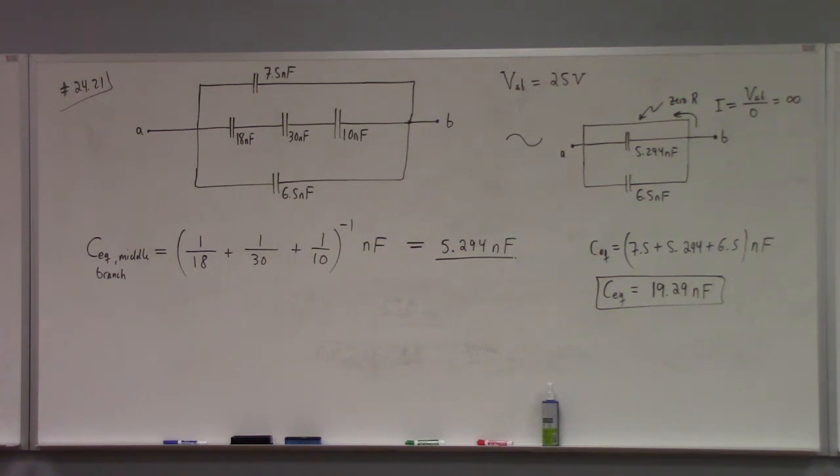And we're supposed to A, find the total energy stored in the network, and then B, the energy stored in the 4.8 microfarad capacitor. And this again was problem number 2451.